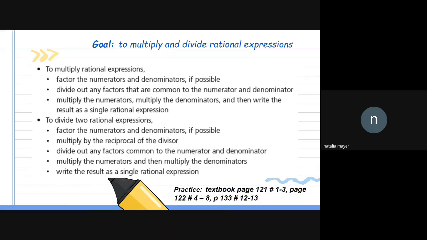Page 122, the practice. All right, so page 121 from 1 to 3.